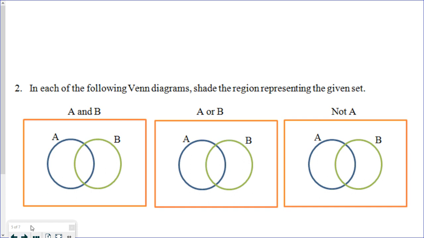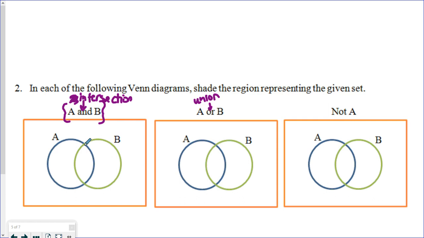So in each of the following Venn diagrams, shade the region representing the given set. So this is looking for the set A and B. And again, I started to write the wrong letter, this is the intersection. This shouldn't be here. So that's the intersection. This is the union.